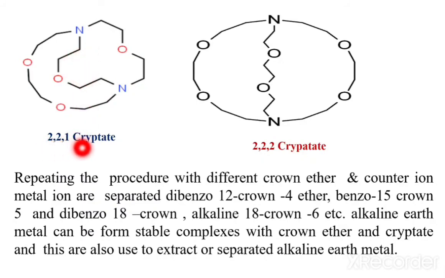Here 2 2 1, that means between the two heteroatoms there is only one oxygen, therefore 221 cryptate.